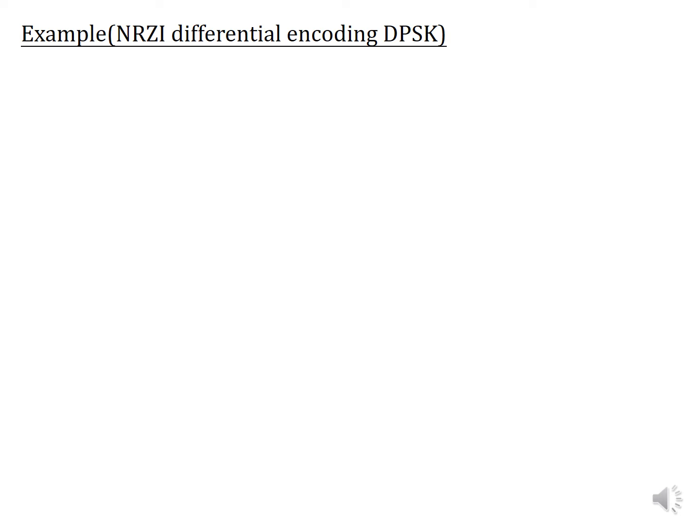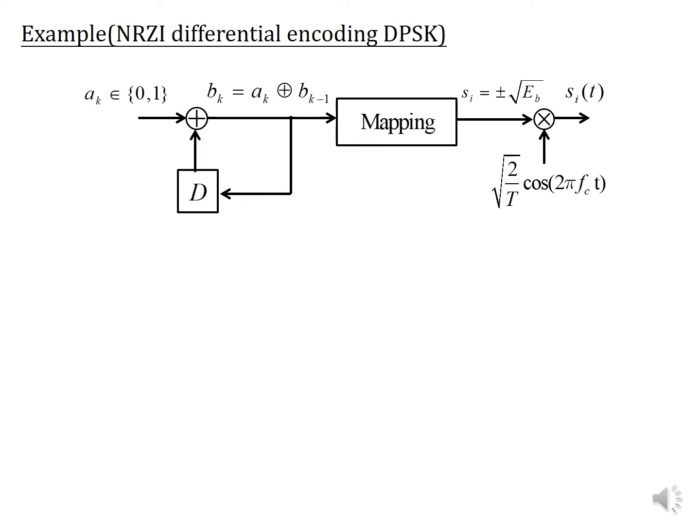So here let's use the example that we have previously discussed, called differential PSK, to illustrate the MLSD detection. Let's have a review of the DPSK first. Okay, what is differential PSK?